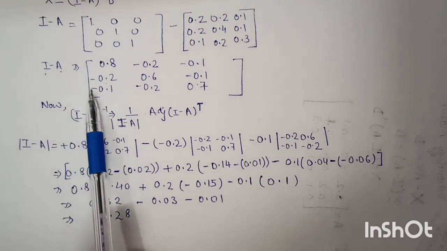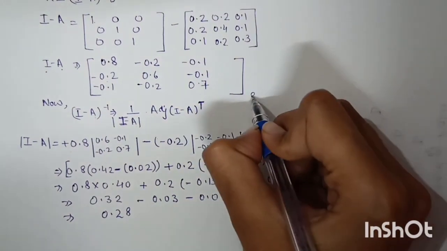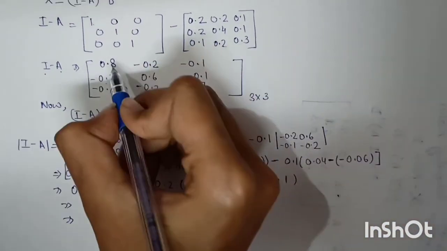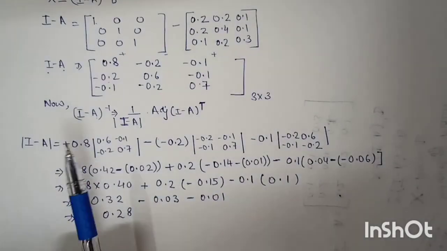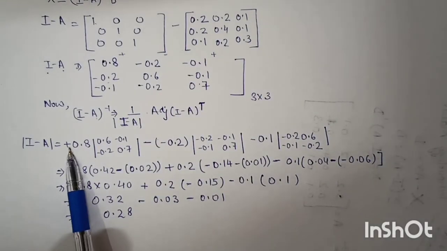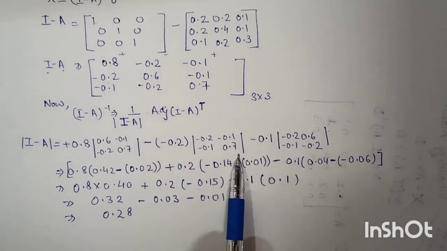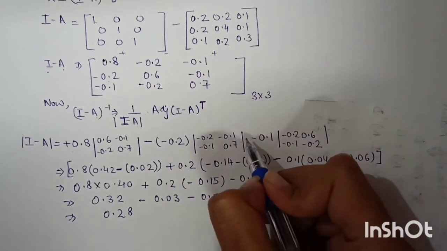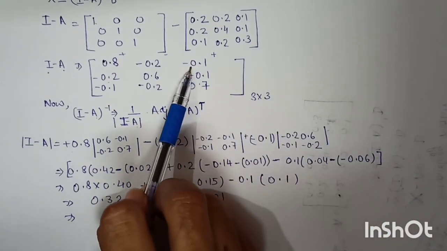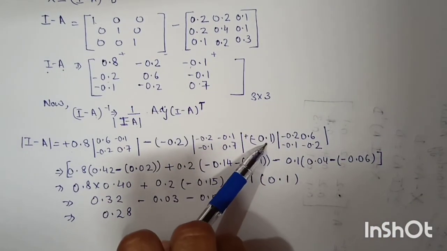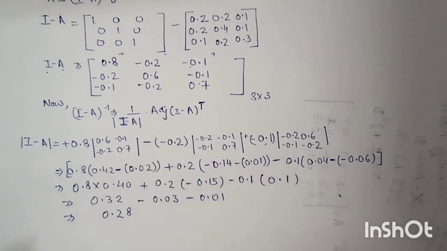As we have a 3 cross 3 matrix, the signs will be positive, negative and positive. So we use this first sign positive, second negative and third positive. And because the sign of the third term is negative, that's why this is a negative one.